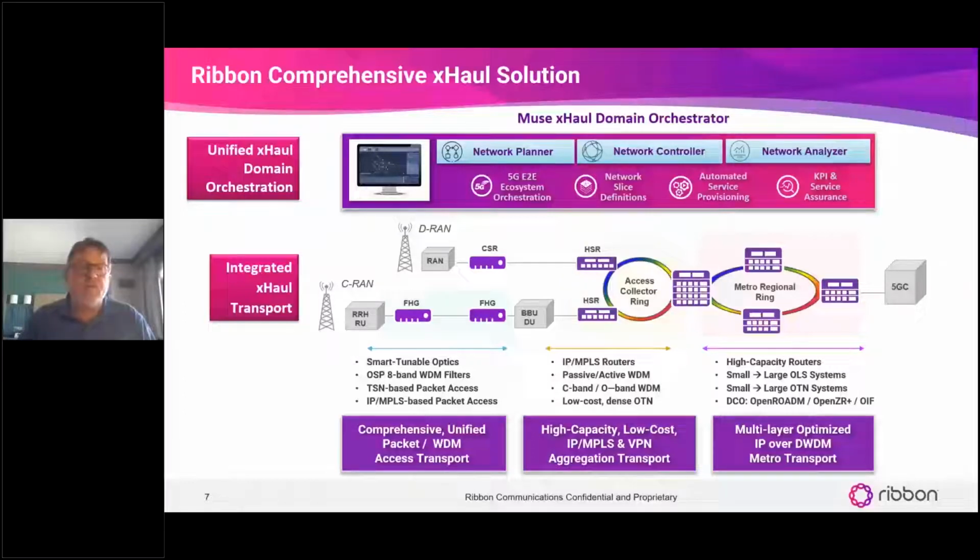This is what we at Ribbon call unified xHaul, and the orchestrator is a product that we call Muse. You're seeing a little picture of it here.